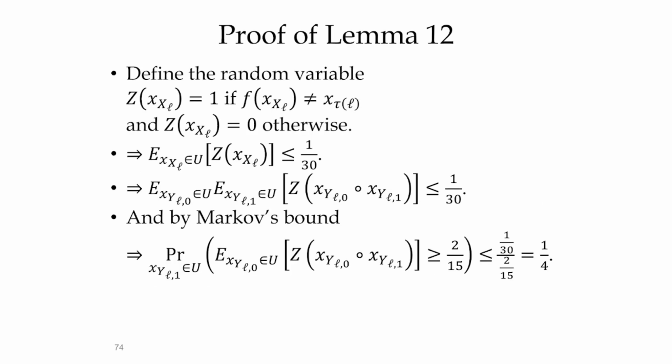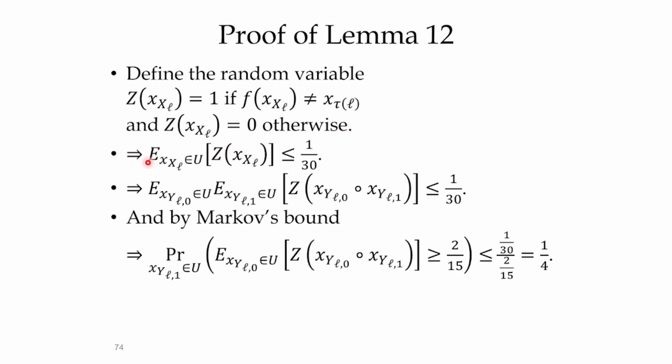Okay, so what we do now is define the random variable capital Z of x subscript capital X L equal to 1 if the function is not equal to x tau of L, and capital Z equal to 0 otherwise.